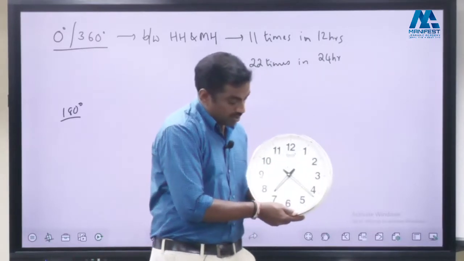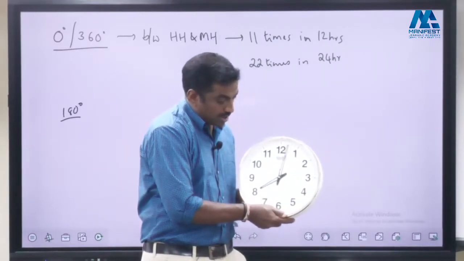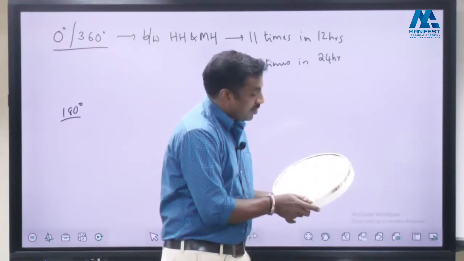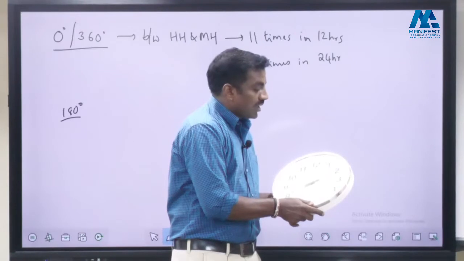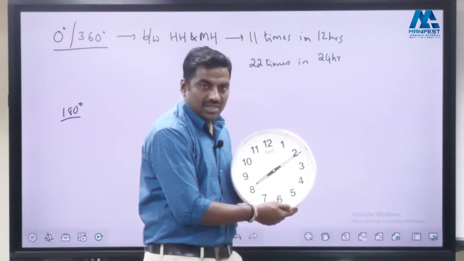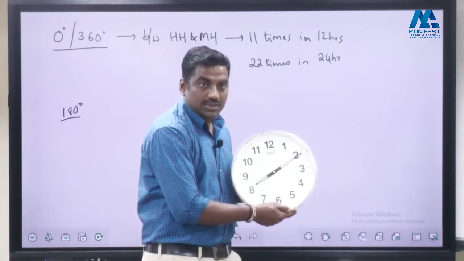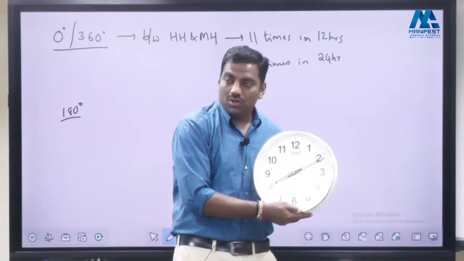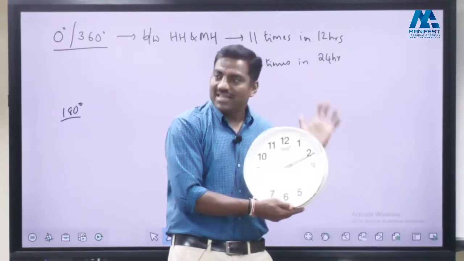Similarly, when you take 8.10, somewhere after 8.10, not exactly at 8.10, some minutes after 8.10. Yes, so 2.10, can you imagine 2.10 when they had coincided? If you look at the minute hand, it is exactly there.